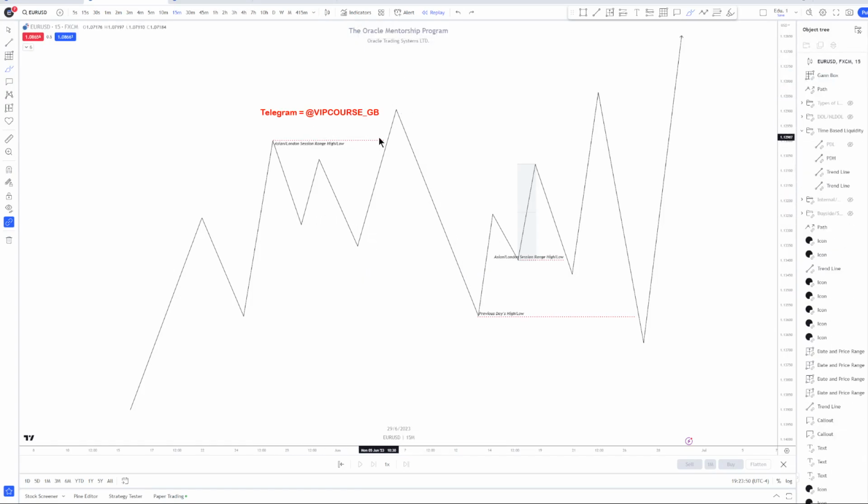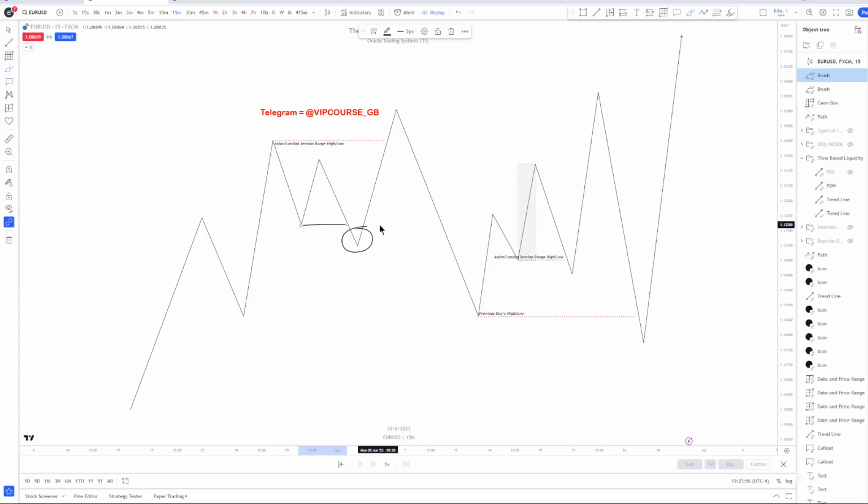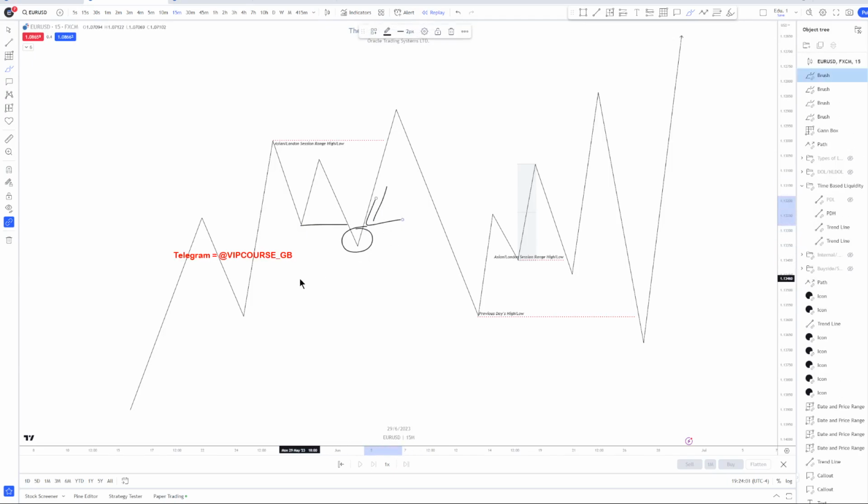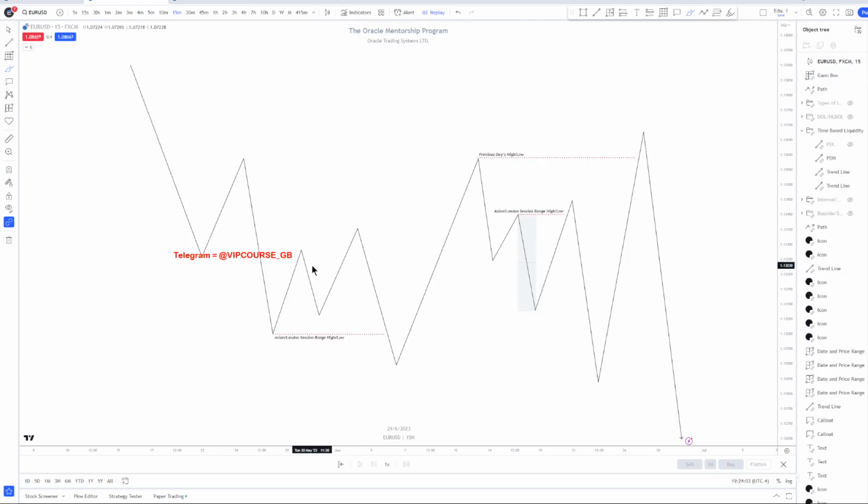If we expect lower prices, and this is the low, and we manipulate above here, we are not expecting lower prices, therefore we do not look for trades, okay? So it must be in line with our bias, and that is the Asian session range or the London session range. Next, we have previous day's highs and lows, okay?